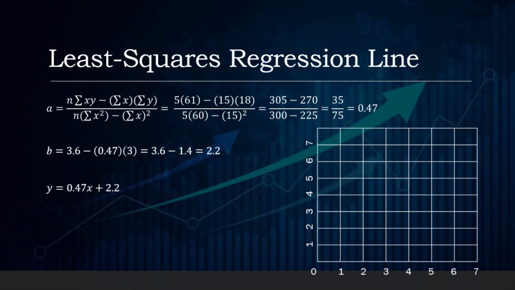B equals 3.6 minus 0.47 times 3 equals 3.6 minus 1.4 equals 2.2. Y equals 0.47x plus 2.2. The trend of the line is slightly increasing with steepness or inclination of 0.47 per unit and y-intercept of 2.2.